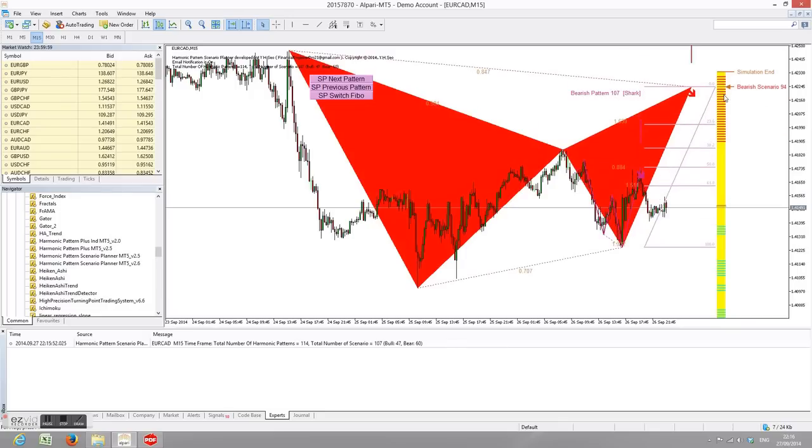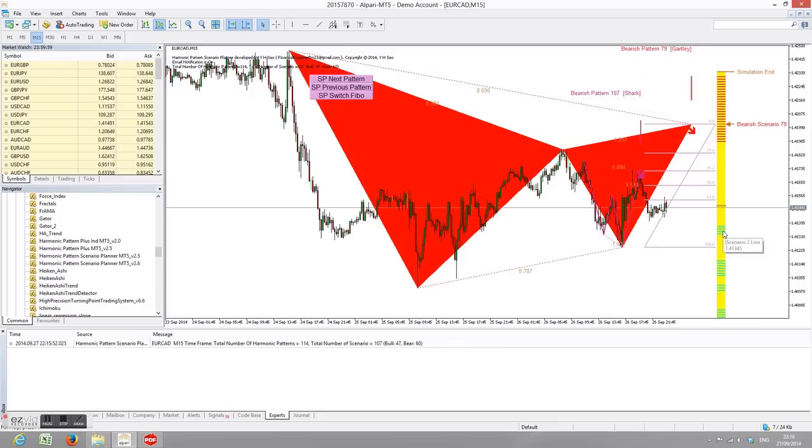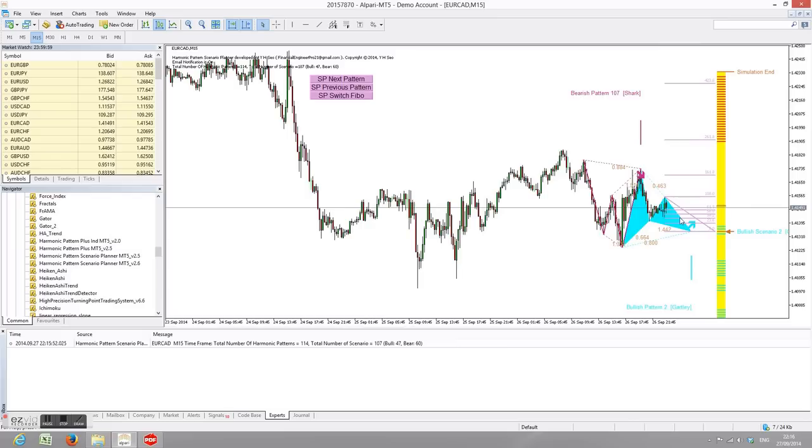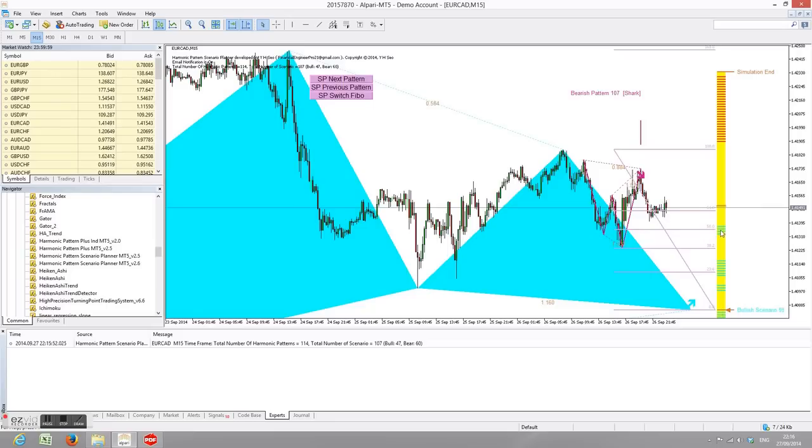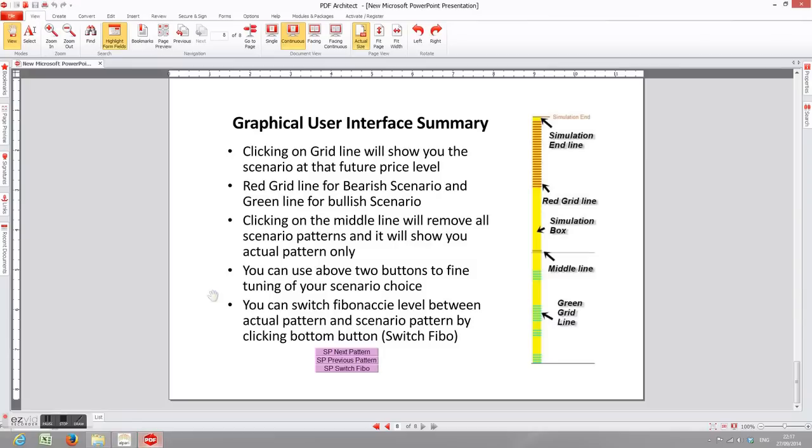So you can see many different grid lines. It's the same when you click those green lines, you will see bullish scenarios. The red line is for bearish scenarios and the green line is for bullish scenarios.